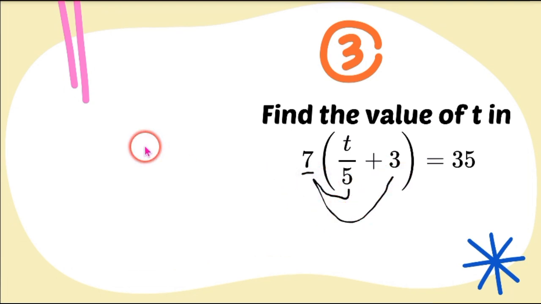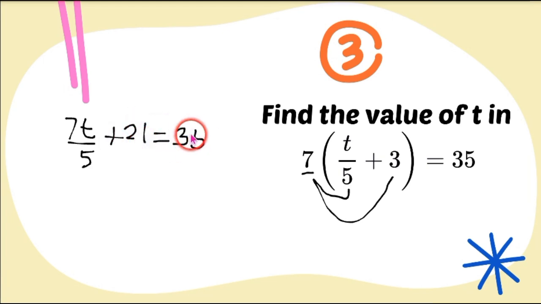So let's see how that goes. 7 times t over 5 is 7t over 5, because the 7 multiplies the t up there. And of course 5 cannot divide 7, so you leave it that way. Then 7 also multiplies the 3, so that's 21. So that gives us a 35 there.